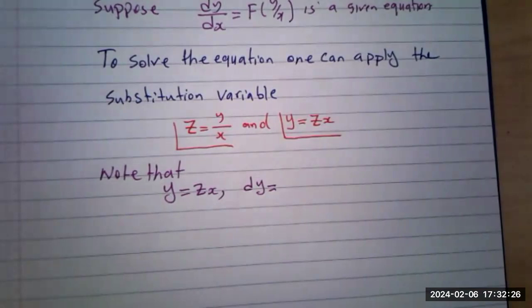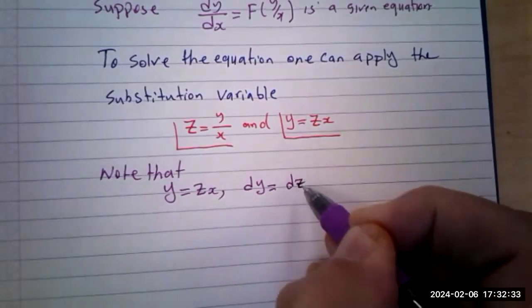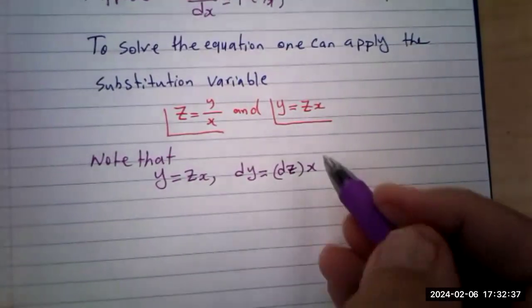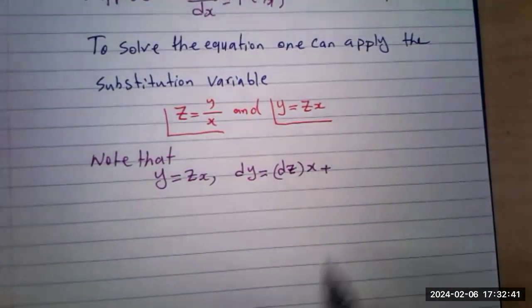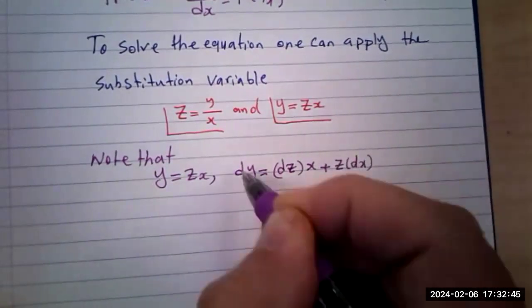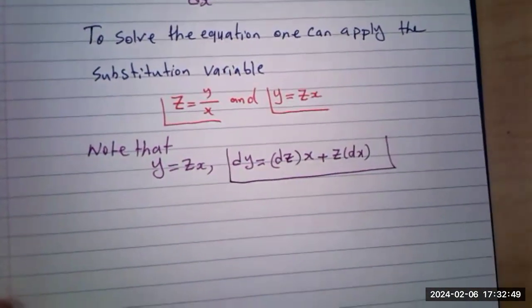Differential of the first one times the second one and the other way around. Differential of the first one would be dz times the second, x, plus differential of the second one times the first one, which would be z times dx. Okay, so this is the relationship between these differentials.